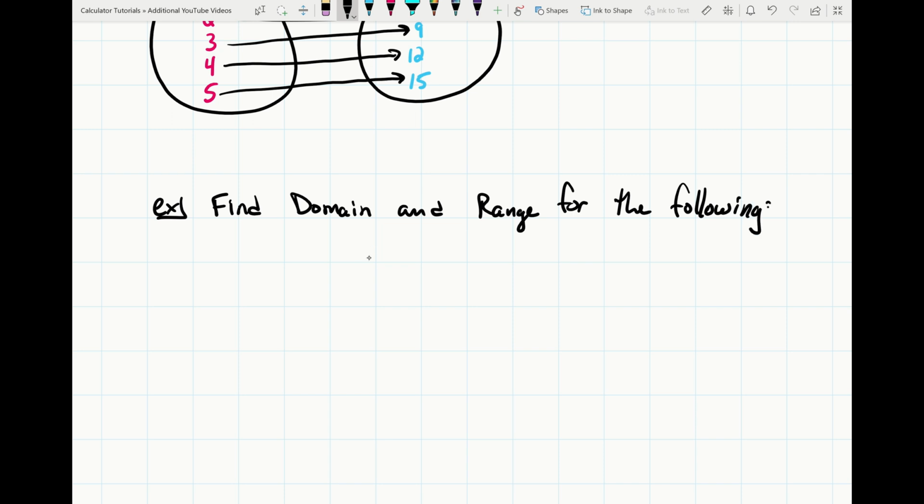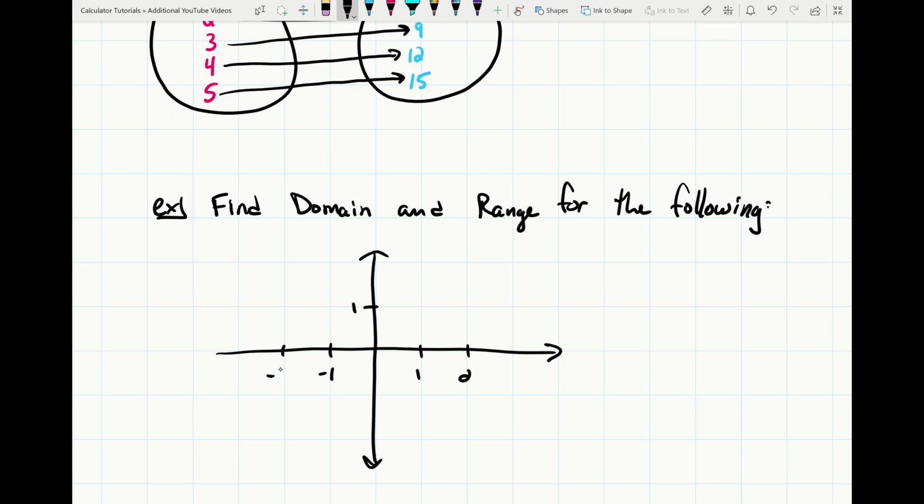All right, so I'm just going to go ahead and do an XY Cartesian coordinate plane real quick, and we'll keep the numbers simple enough. And I'll put a point right there. I'll do one here, here, down here, and right there.